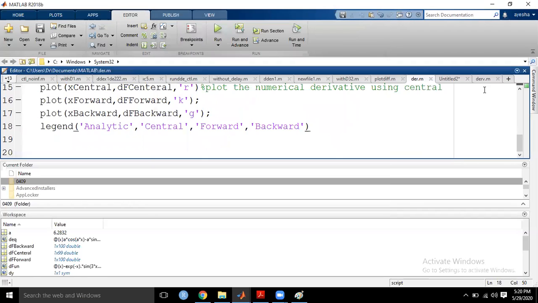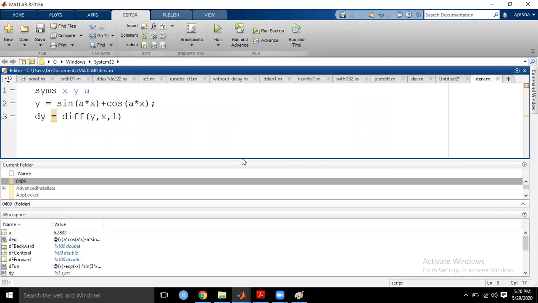And remember that if we want to straight away find the analytic derivatives, MATLAB is user friendly. It will help you. All you need to do is declare the variables, then the function, and then the derivative. For example, let's say if someone wants to find the analytic second derivative, all you need to do is give the function, with respect to what, and of what order.